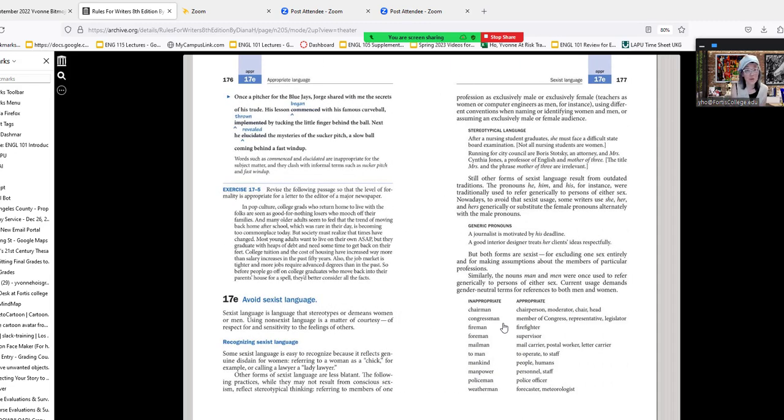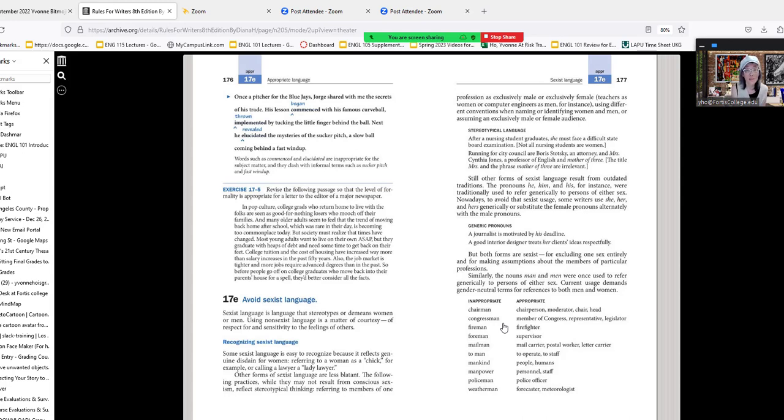Once a pitcher for the Blue Jays, Jorge shared with me the secrets of his trade. His lesson commenced with his famous curveball implemented by tucking the little finger behind the ball. Next, he elucidated the mysteries of the sucker's pitch, a slow ball coming behind a fast windup.